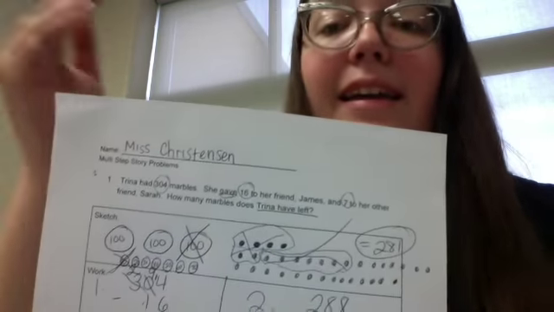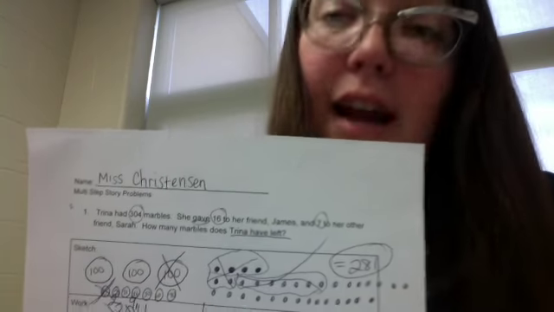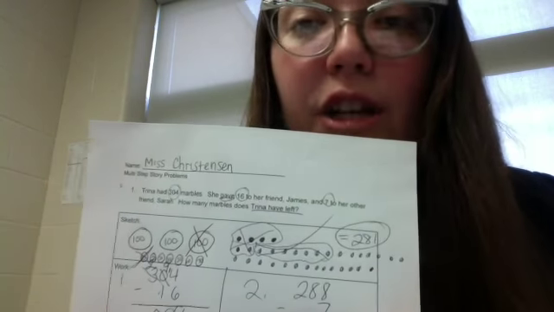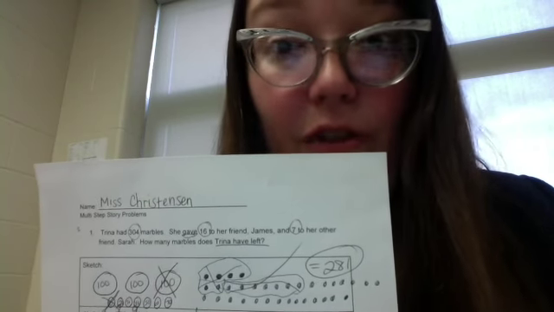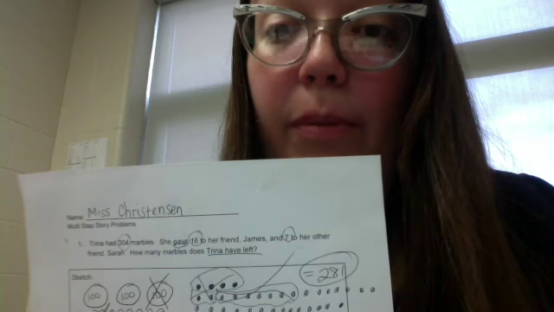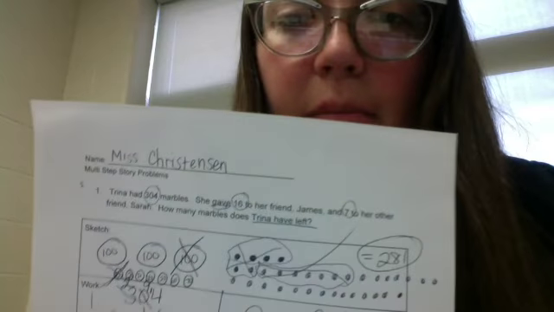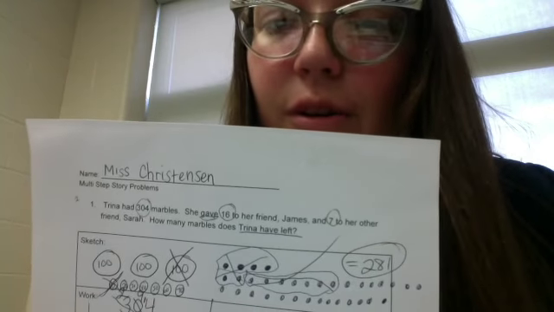If I'm getting more, well, then I would be adding. Those magic words before the number really help you to know what sign you'll be using. And then that last sentence in a story problem usually tells you what to do also.